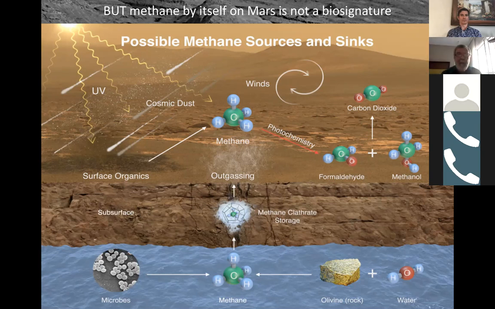So maybe some methane comes from there. We've looked real hard at whether there is a correlation between spikes in methane that I'm going to talk about and the meteor streams, and we've concluded that we really haven't found any yet. We're going to keep looking, but apparently it's not coming from there.